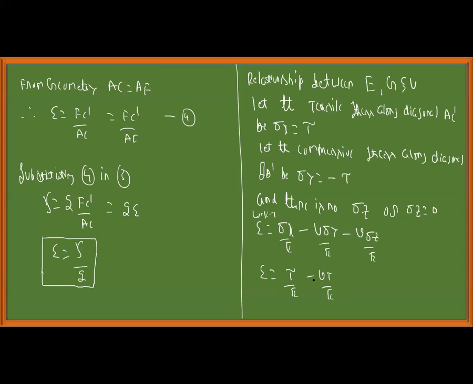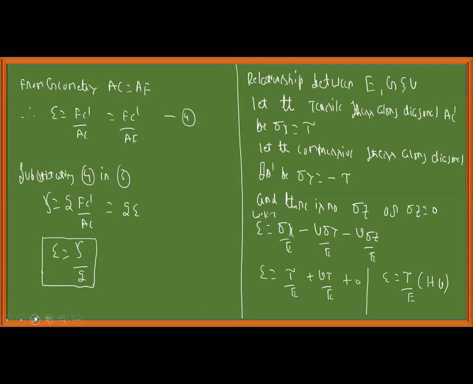This should be plus tau, so epsilon is equal to tau by E into 1 plus nu. Okay, this is a lengthy derivation, but they will ask for 10 marks. Epsilon is equal to tau by E into 1 plus nu. Also, we have derived here that epsilon is equal to gamma by 2.